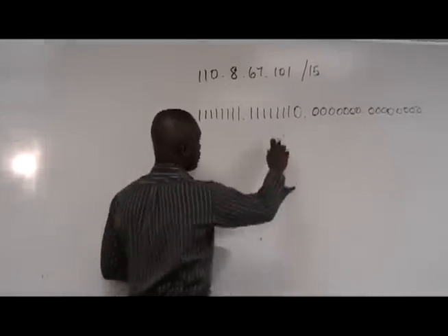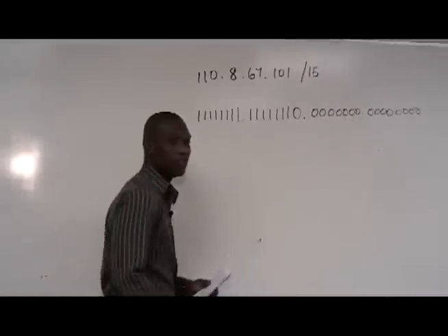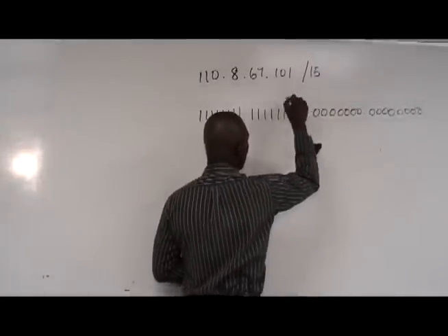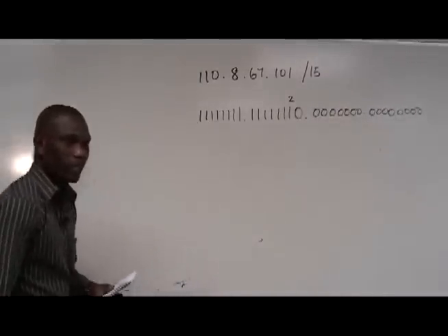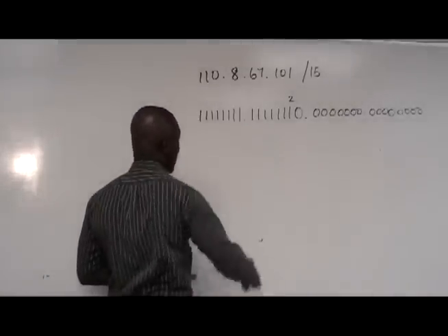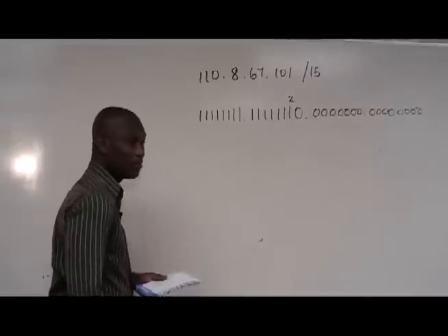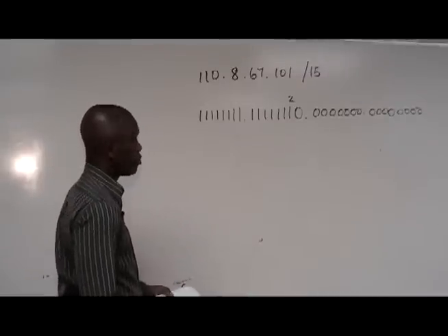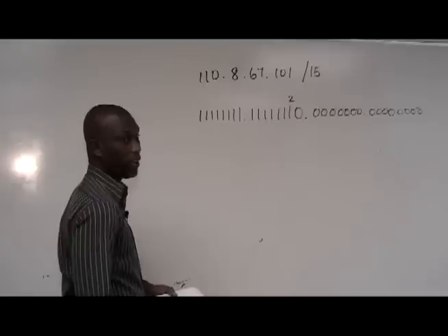Cool. So this is your /15 here. What is your magic number here, people? 2. So we identify this as your magic number, 2. What is this number here? A network number, a broadcast number, or a usable host? That's what we have to find out.